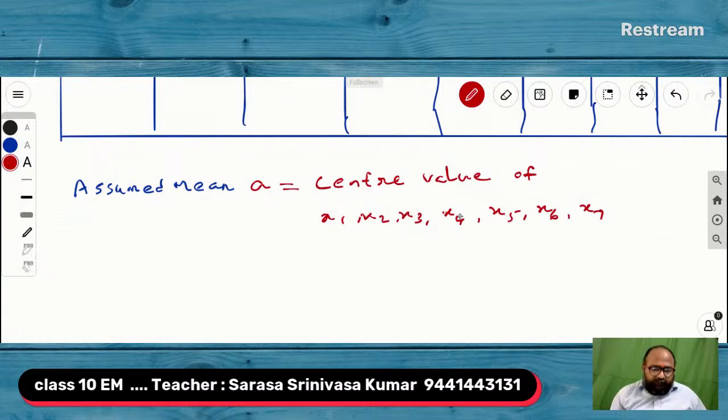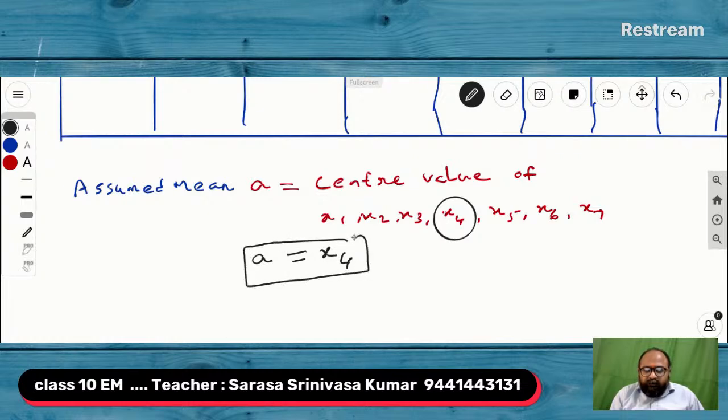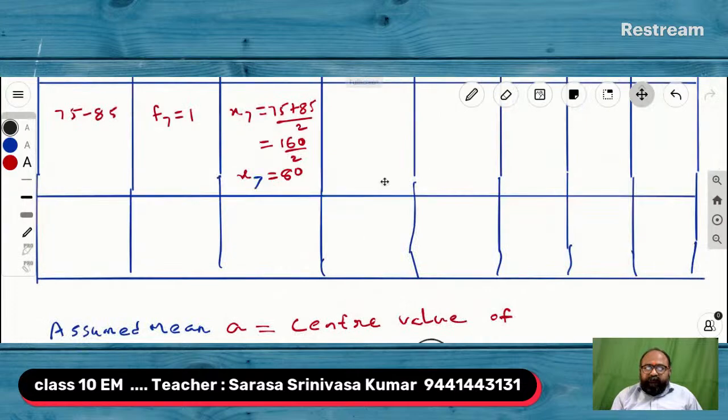What is the center value among this? The center value among this is x4. So we can take A, the assumed mean, equal to x4. x4 is the center value. So now we consider x4 as the assumed mean.